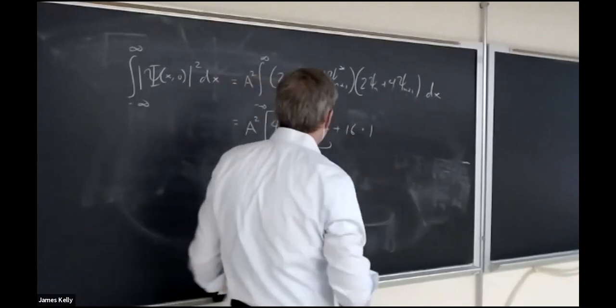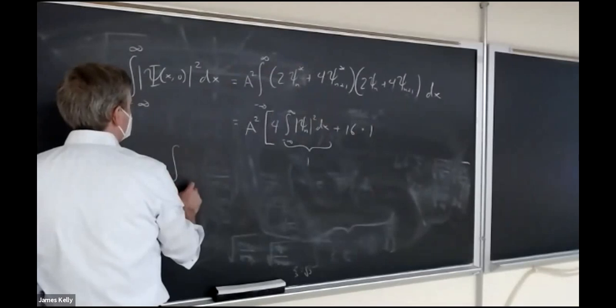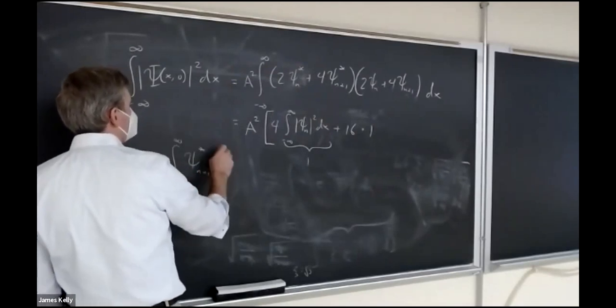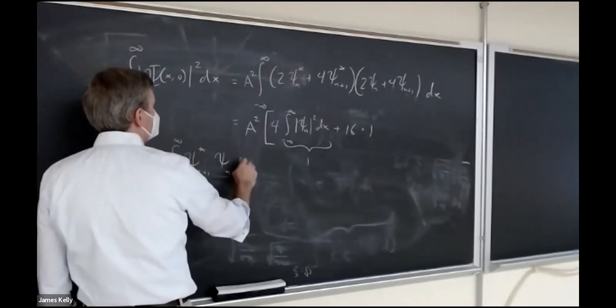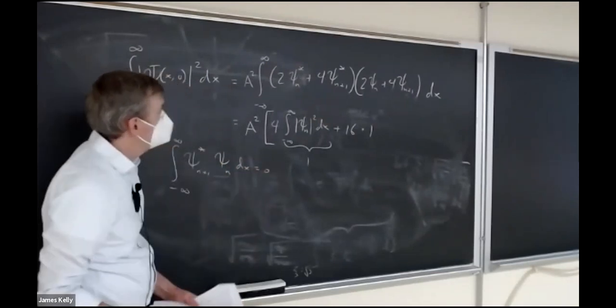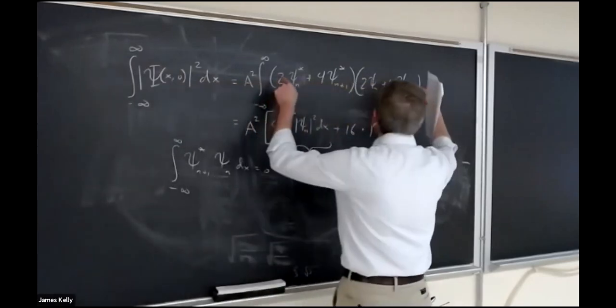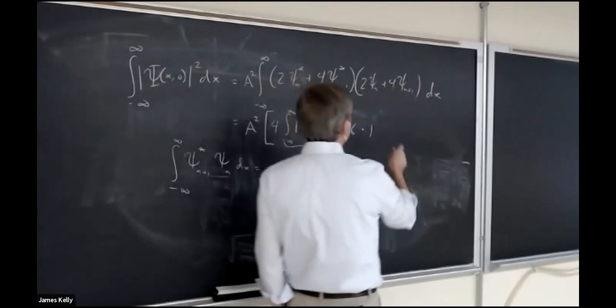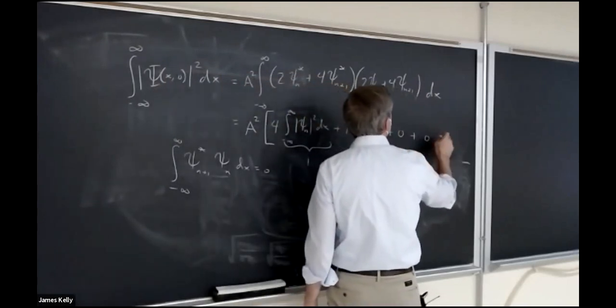So that means, for example, the integral from minus infinity to infinity of psi n plus 1 star psi n dx is equal to 0. And that's the kind of integral you're going to have in outer and inner. They have different indices, so outer and inner give 0.